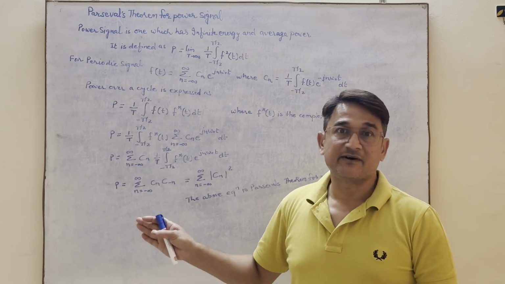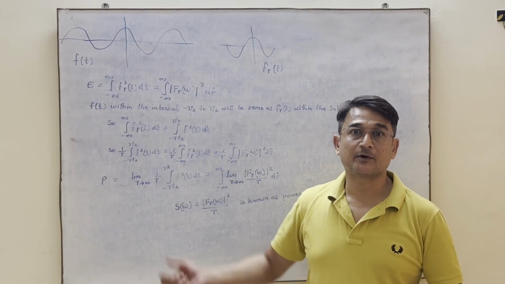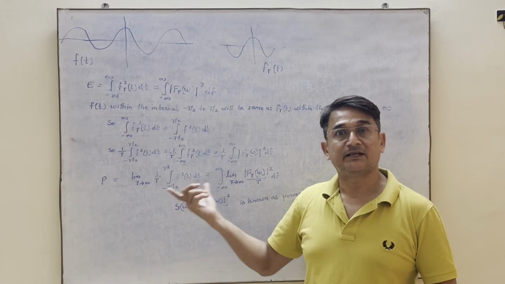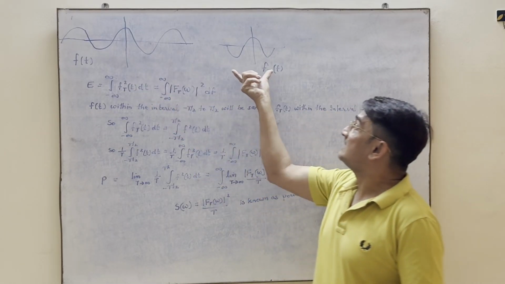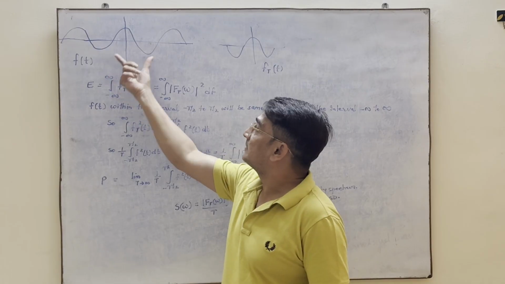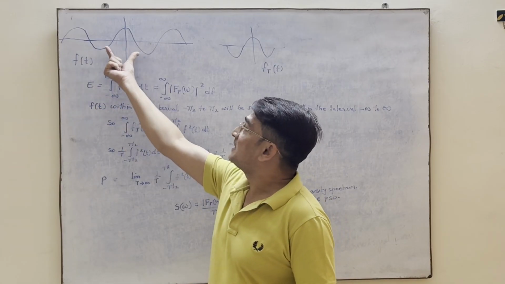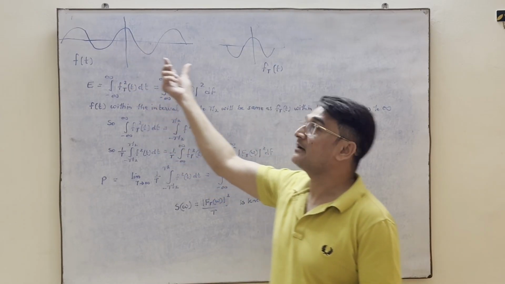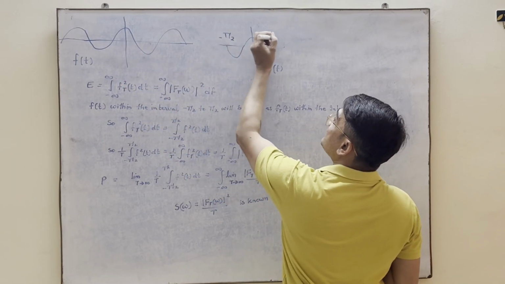Now we will see the power density spectrum. After the Parseval's theorem for power signal, let us see the power density spectrum concept. You can see two waveforms here. This waveform is a periodic signal denoted by ft, and this periodic signal is truncated at a particular time limit from minus T by 2 to plus T by 2.